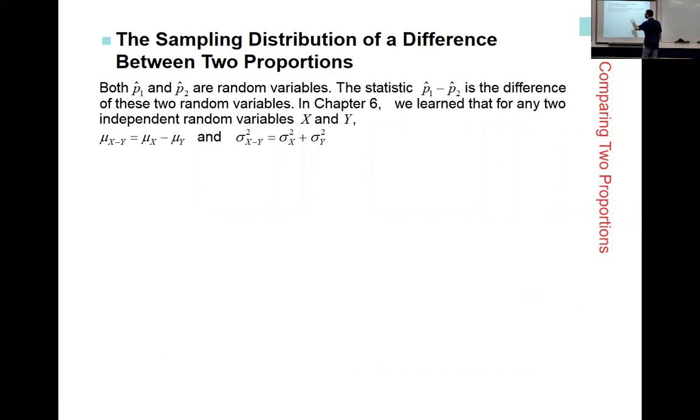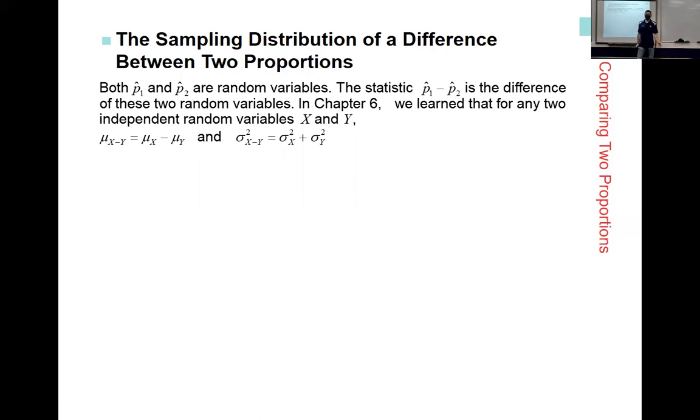If I have two variables that I'm subtracting, the way I get the mean is that we subtract the means. The mean of the difference is the difference of the means. So we would have 0.7 minus 0.5, which is 0.2. And that would be the mean of the difference.